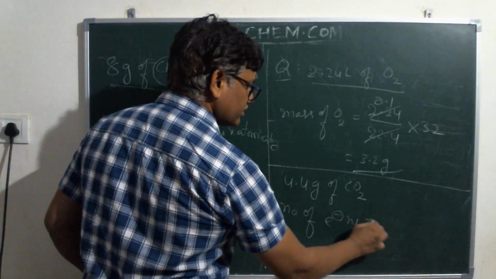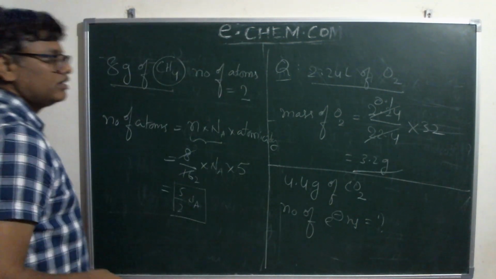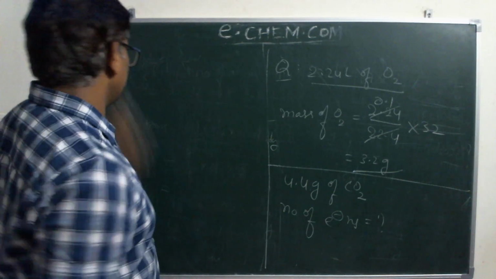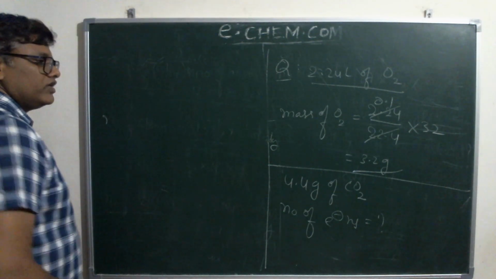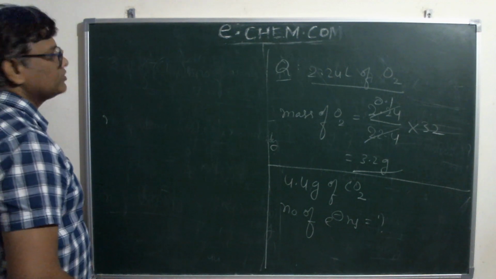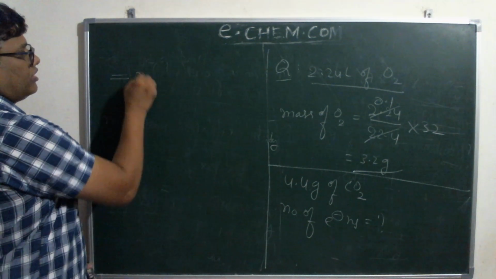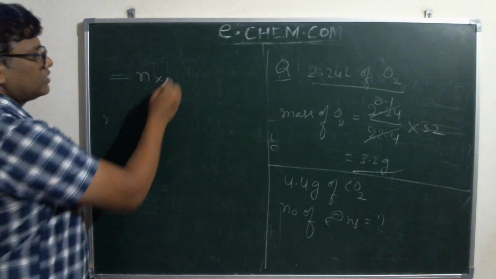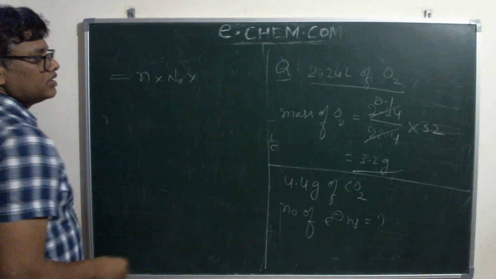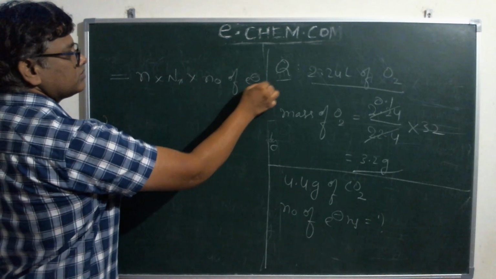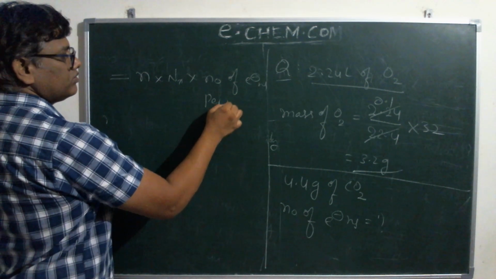I want to calculate how many. Let's find out. Let's calculate the total number of electrons in 4.4 grams of CO2. That is equal to the number of moles into Avogadro number into the number of electrons per molecule.